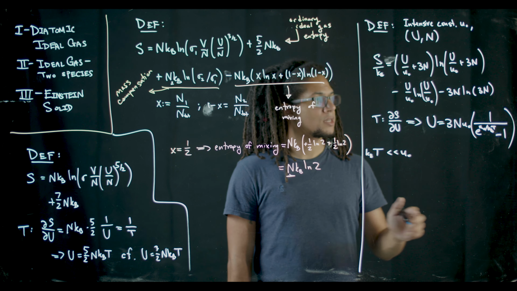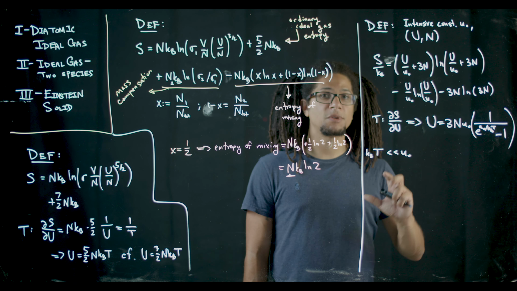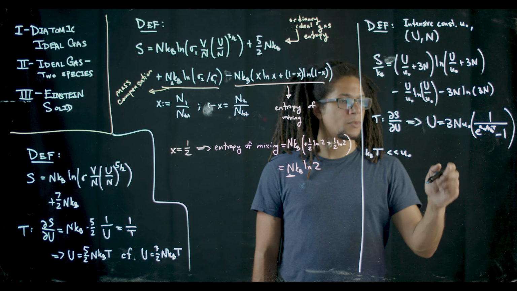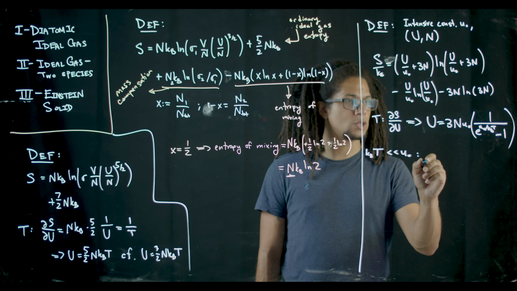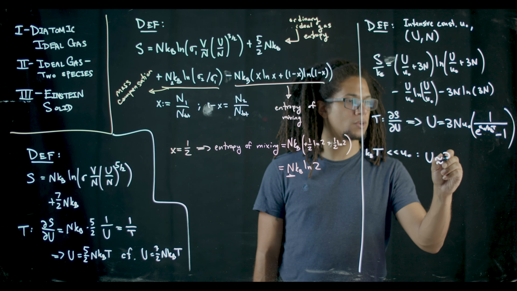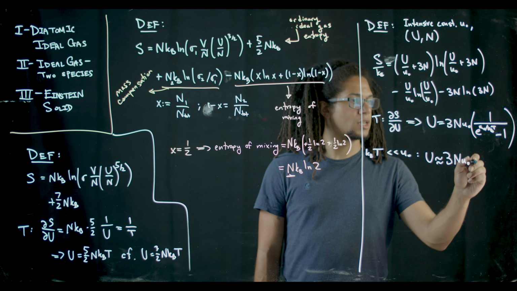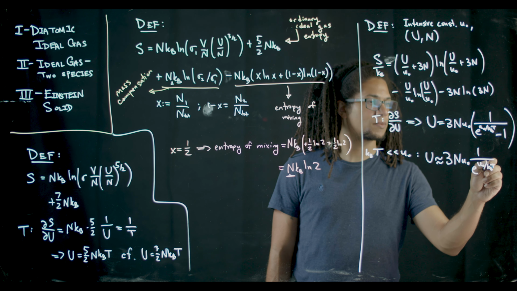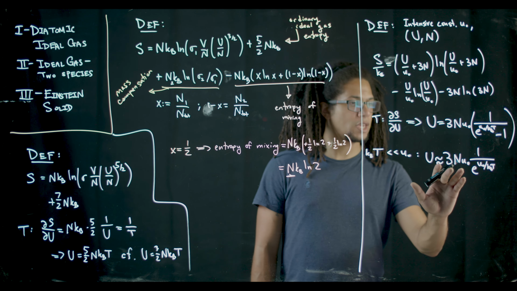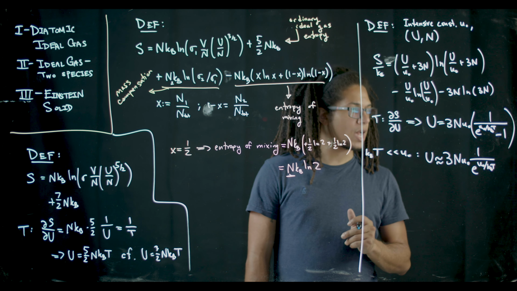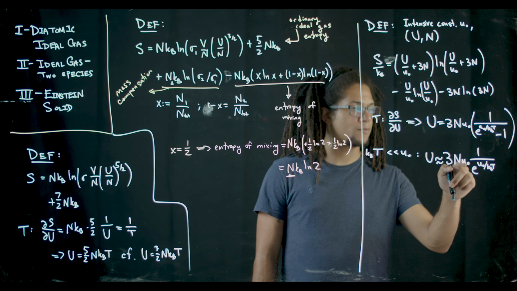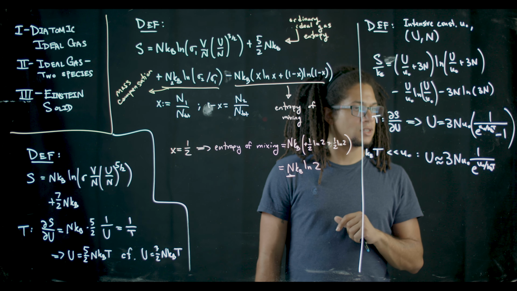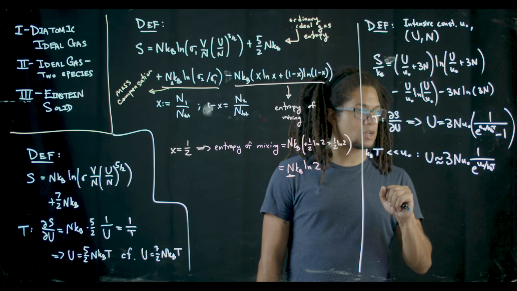If that's the case, then U naught over k_B T is going to be a very large quantity. That will mean that e to that is much larger than 1. And we'll be able to reduce this equation to U is approximately equal to 3N U naught times 1 over e to the U naught over k_B T. Now we can move the 3N U naught over to the other side and then cross multiply e so that it's in the numerator and U over 3N U naught is in the denominator.